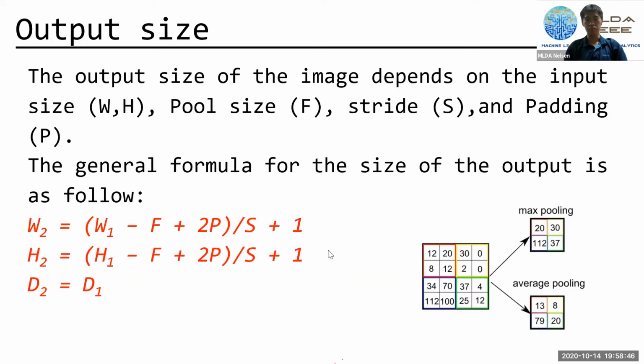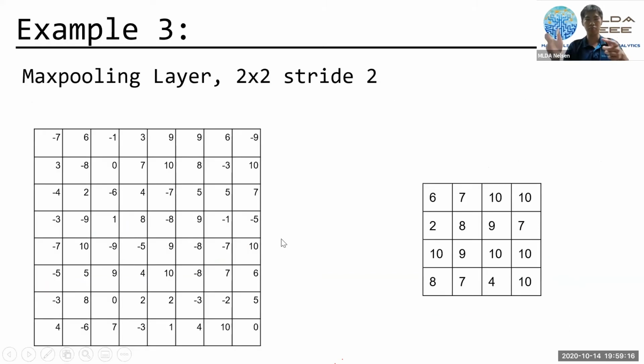So when you put this formula in, you get the output size. Next question: what kind of pooling is better, max or average? Okay, this is an interesting question. If you do max pooling, you remove the noise. You only want to get the best feature out of this matrix, which is 6.